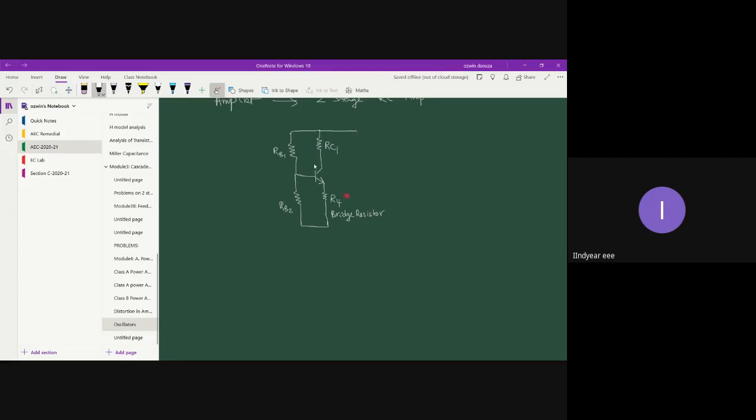Now, the output of the first stage. This is your collector 1, base 1, emitter 1. So the output of the first stage is fed to the input of the second stage. So this is going to be B2.